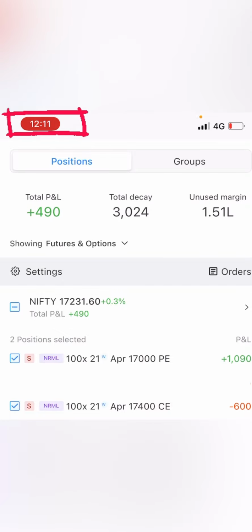My profits are slowly climbing up due to time decay and markets being sideways. In 1 hour, I have profited about 500 rupees.